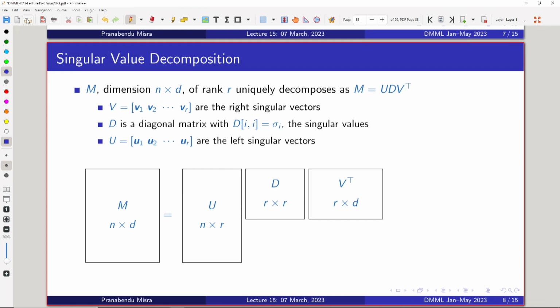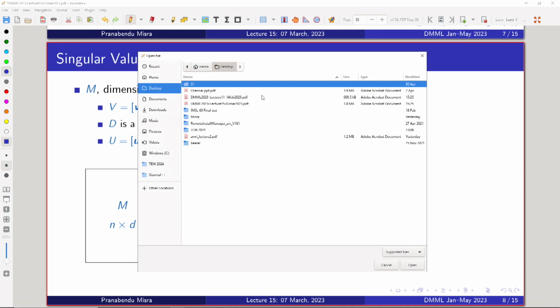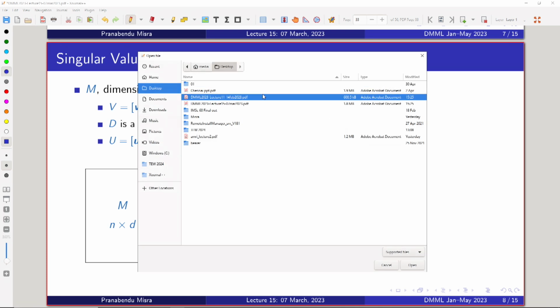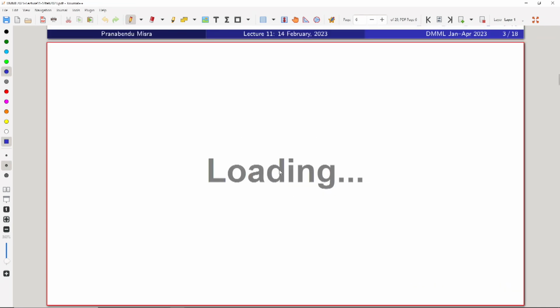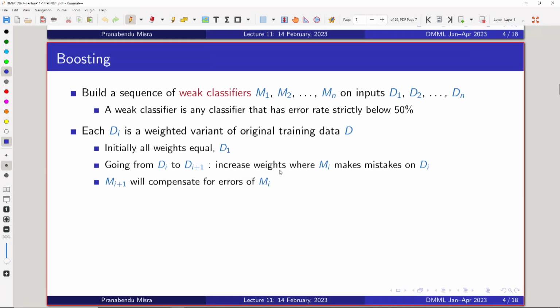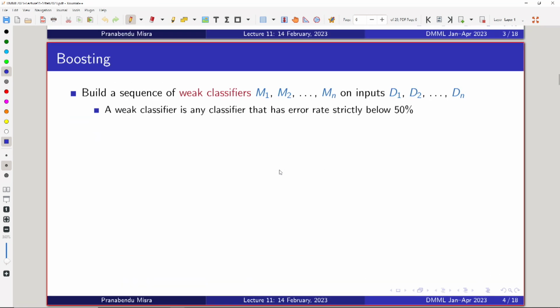Right. Now I wanted to do a slightly different topic, which is sort of linear algebraic in nature, but it is not linear algebra. One of the things we saw in the past few lectures was that we started by building a linear classifier.